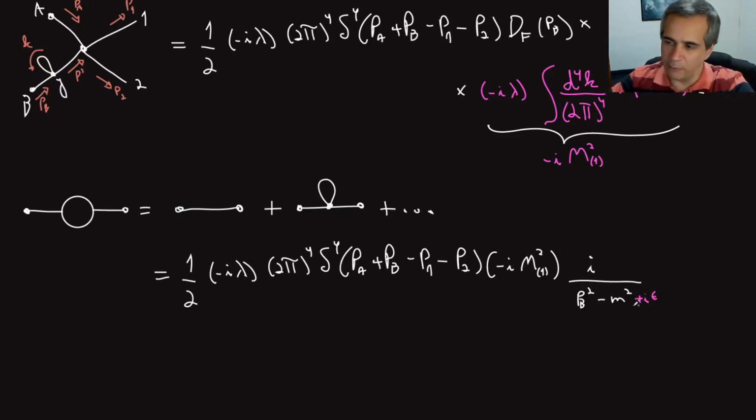This is a problem that I hope you can see will show up every time one of these 4 external momenta here, and more in general for bigger point functions, every time an external momentum shows up again inside the diagram.